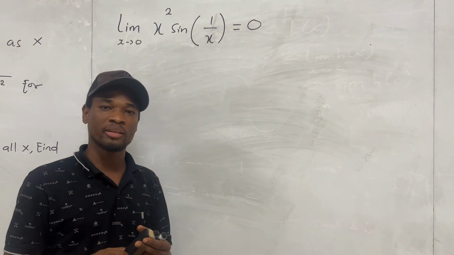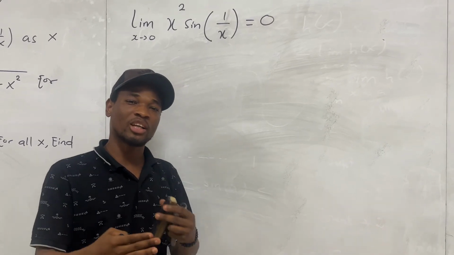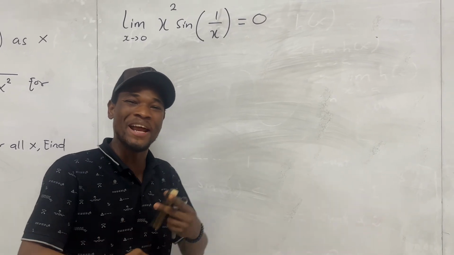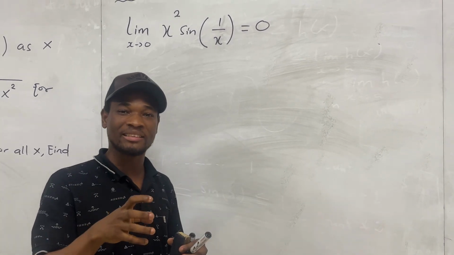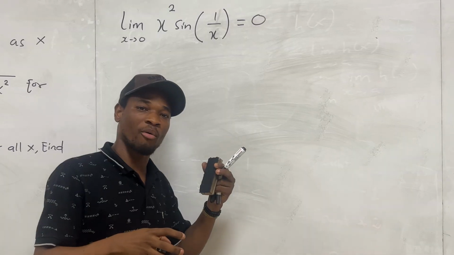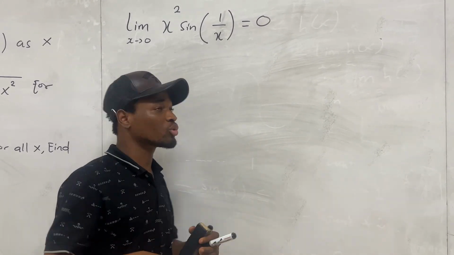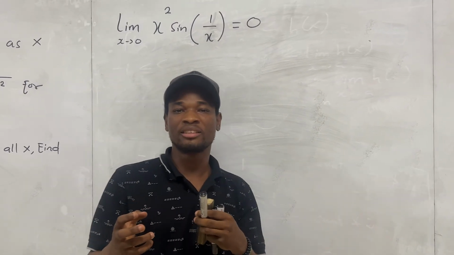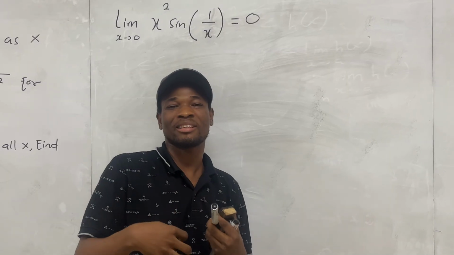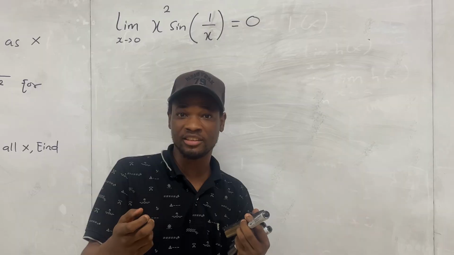You have to know the domain of the sine function, as well as the range of the sine function. But our interest here is the range, not the domain. The range of a function simply tells us the output of a function, right?